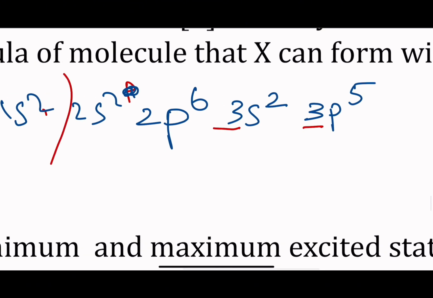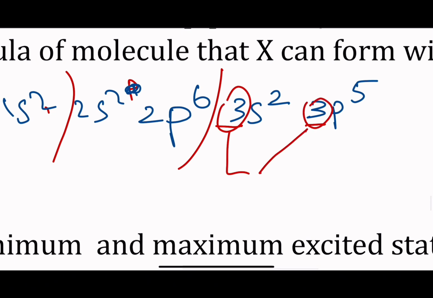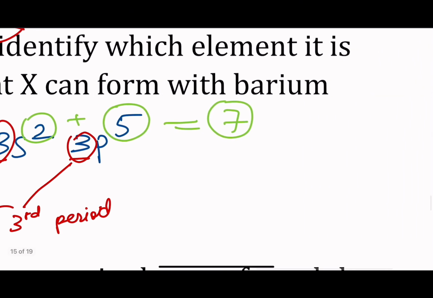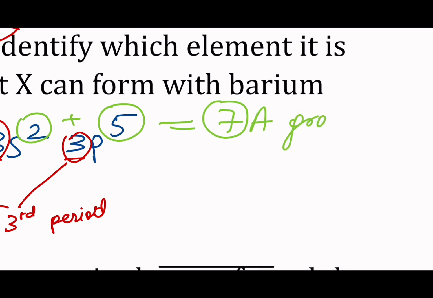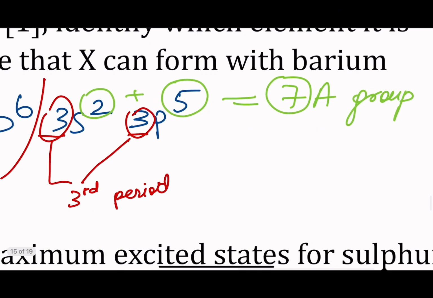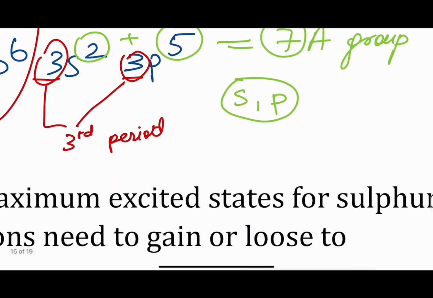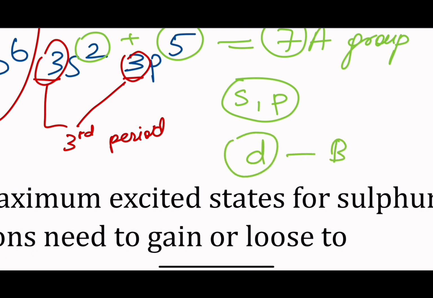So we got first shell, second shell, and 3 is the period number, third period. When you add up 2 and 5 together, you will get 7, which is why it's a 7A group, because their electrons are located in S and P block. Okay, S and P. If it's located in D, then it is B group. B group is transition metals.